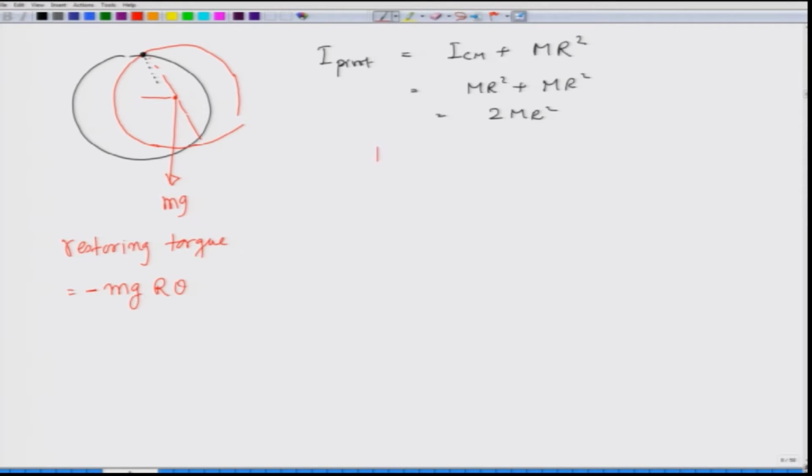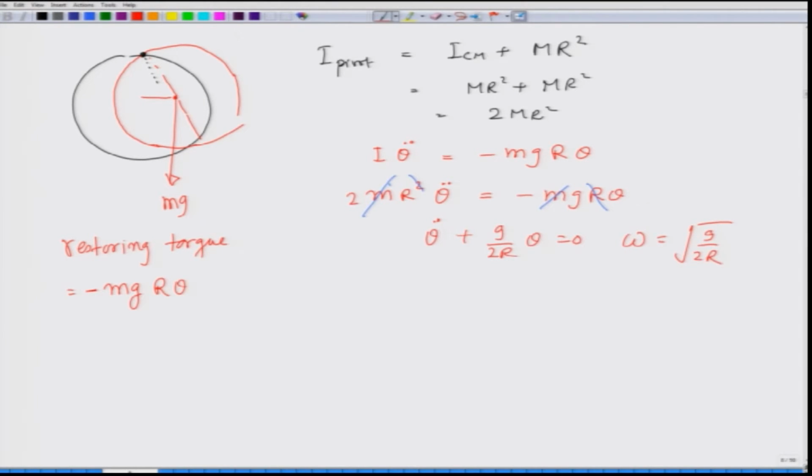So, I theta double dot is equal to minus mg r theta. This is 2 m r square theta double dot equal to minus mg r theta. M cancels, one of the r cancels, and therefore, I have theta double dot plus g over 2 r theta is equal to 0. So, omega is equal to square root of g over 2 r.